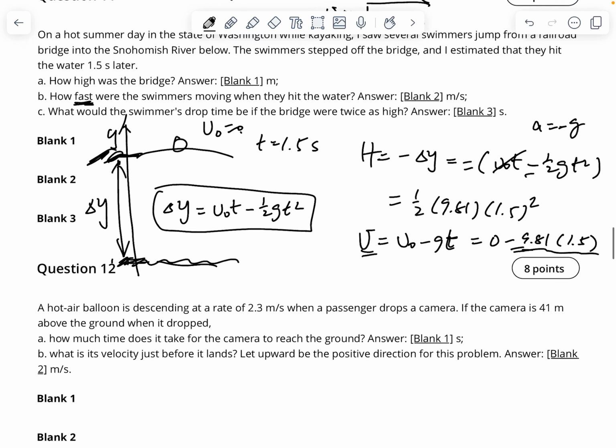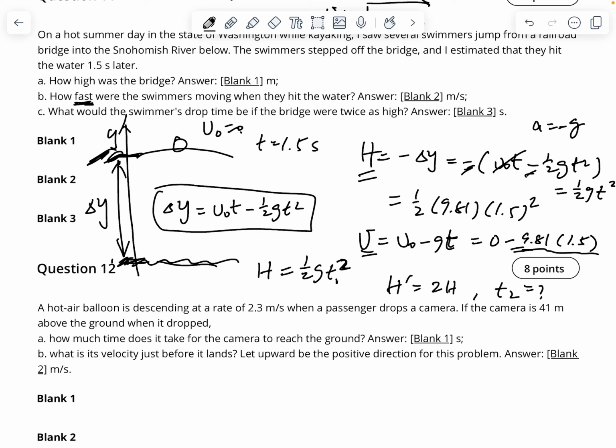So for this one, h equal to, negative, so equal to half g t squared. So h equal to half g t squared. Well, what if you double the height? h prime equal to 2h. So it asks about t2.